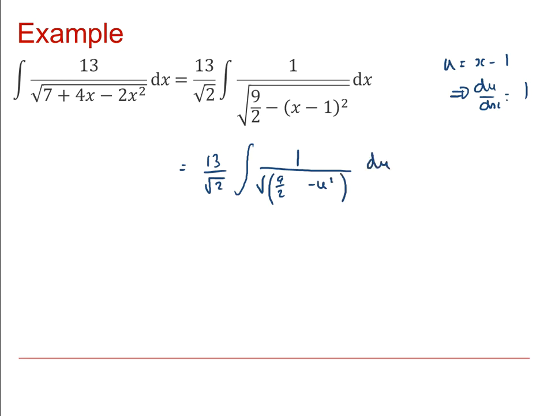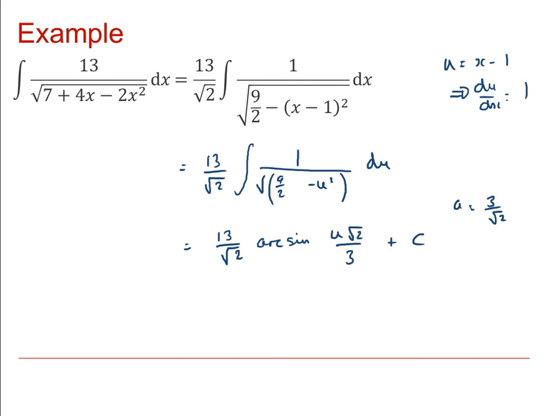So using the standard integral, this becomes 13 over root 2 arcsine. Then we've got x over a, where a is equal to 3 over root 2, so therefore we've got u over a, which will be u root 2 over 3, and that of course will be plus constant c.